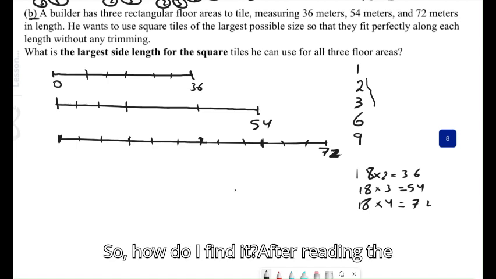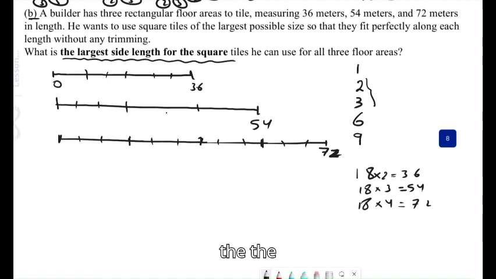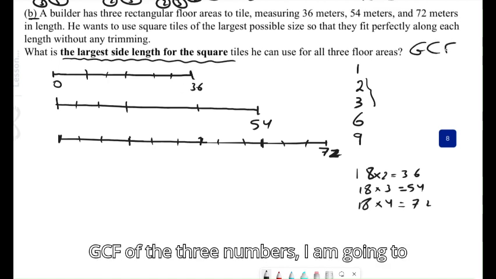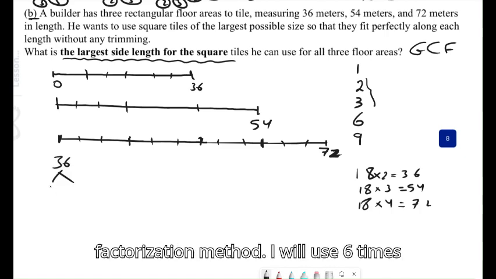So, how do I find it? After reading the problem I understood that this is the GCF of the three numbers, I am going to find the GCF using the prime factorization method.